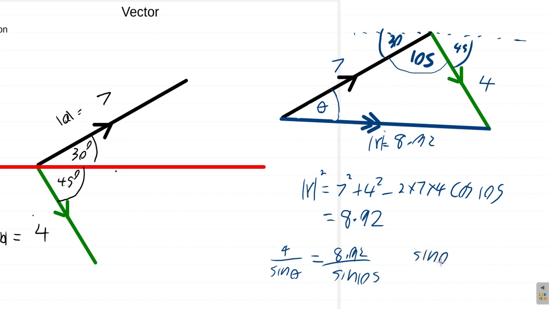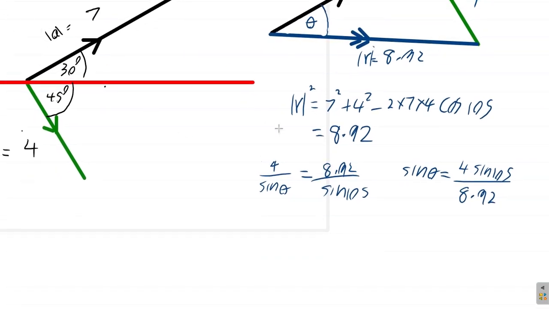So sine theta would be, when you transpose, 4 sine 105 over 8.92. Let me write this. R, the magnitude R equals. Alright. So in this case, sine theta equals.